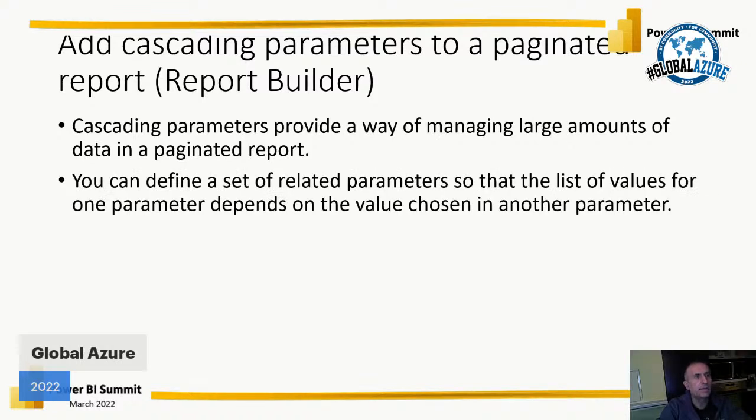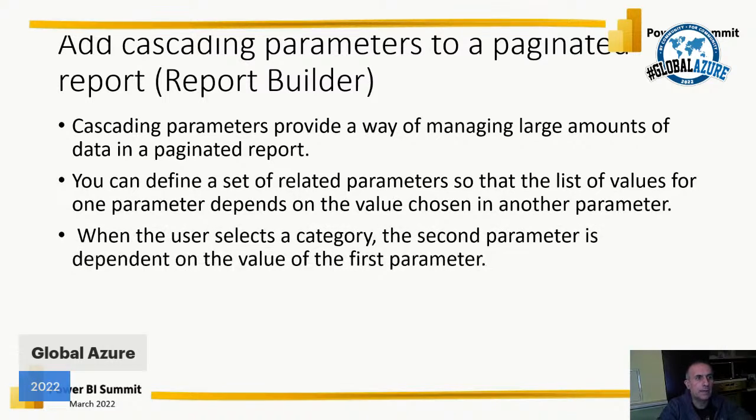Using this approach, it is possible to define a set of related parameters, and you can have a list of values related to already chosen other parameters in your reports. When you choose the first parameter, depending on it you will have the next parameters available, and you have the option for several levels of cascading parameters to have the best user experience and flexibility.